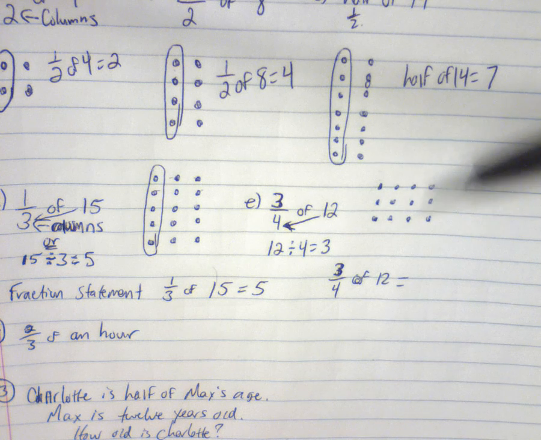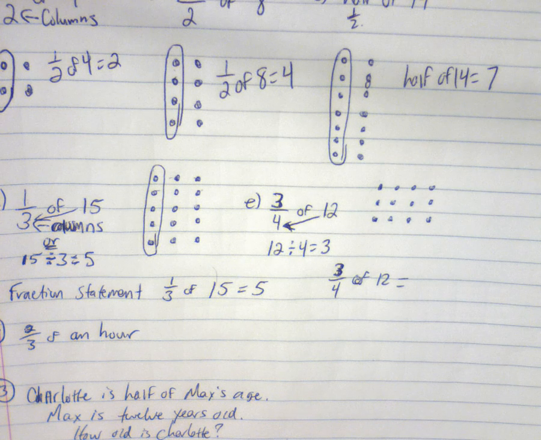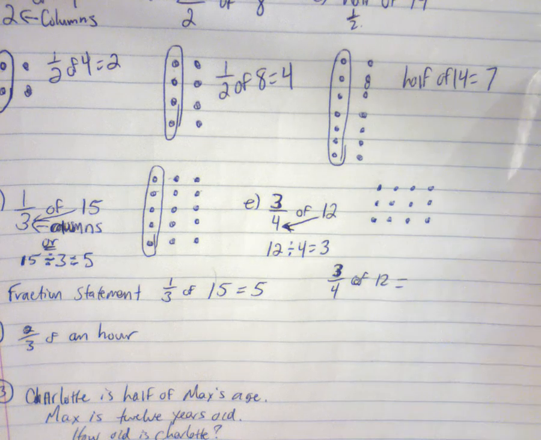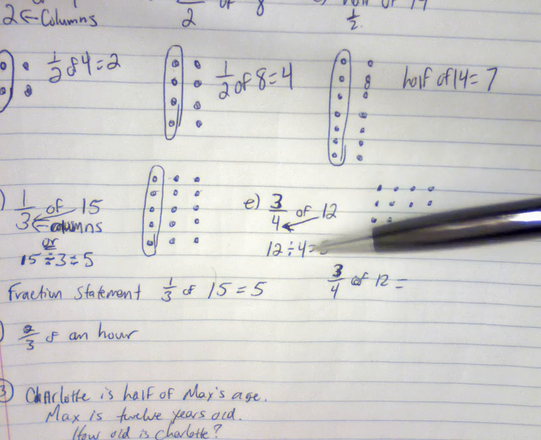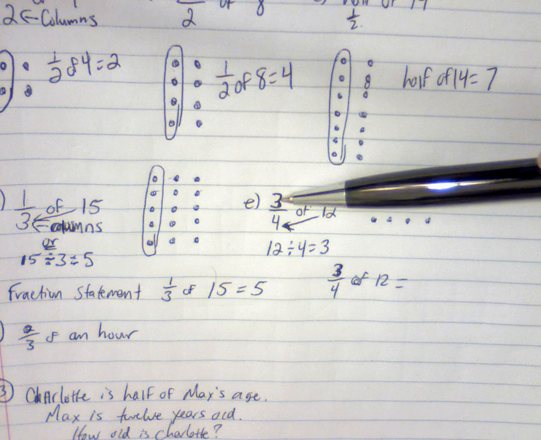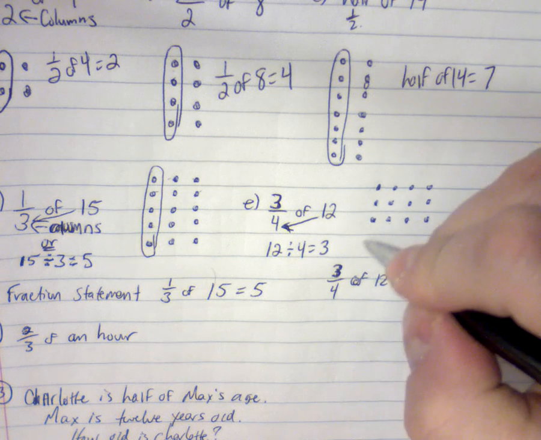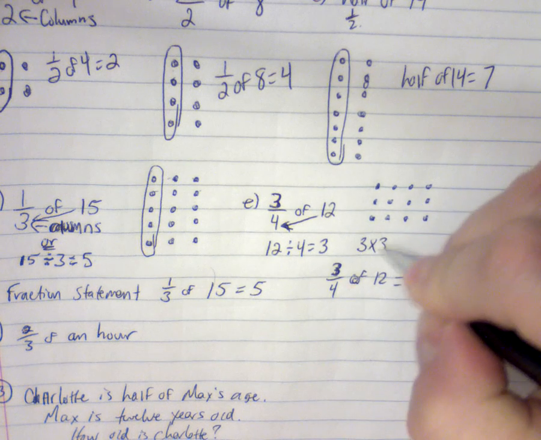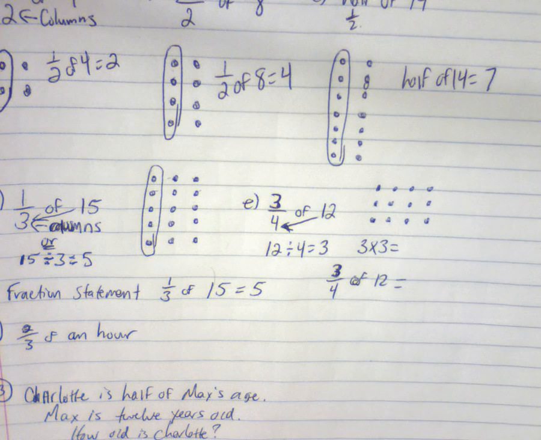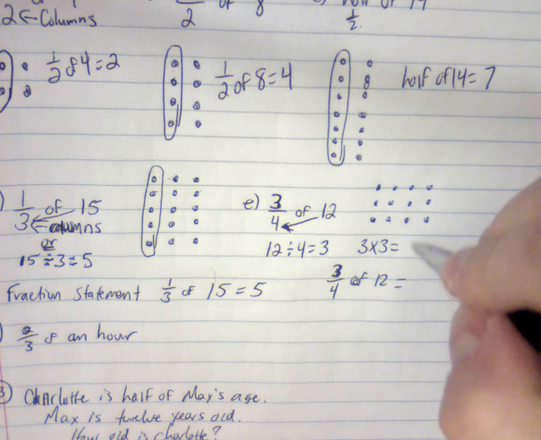So you know that my answer is not going to be 3. You're probably saying, Mr. Wicklum, what are you doing here? Now what we need to do is multiply this by the top number because we're looking at 3 columns. So 3 times 3 equals, well, 3, 6, 9.